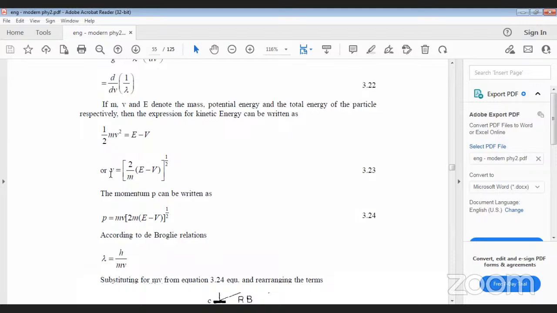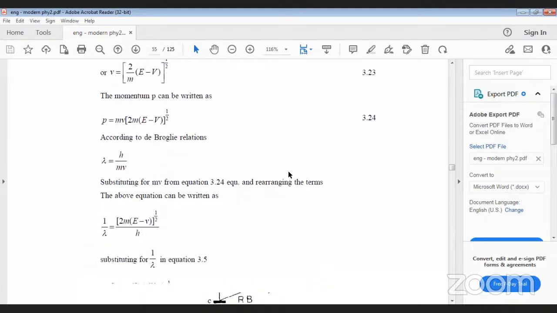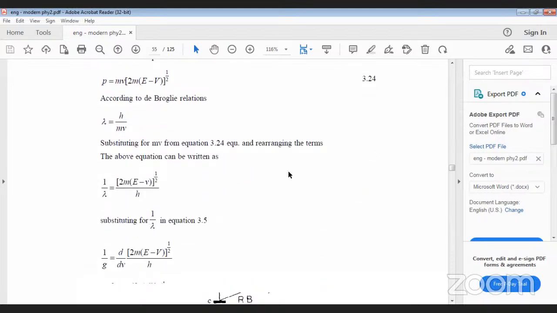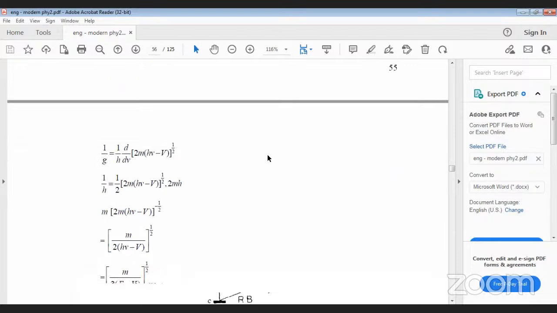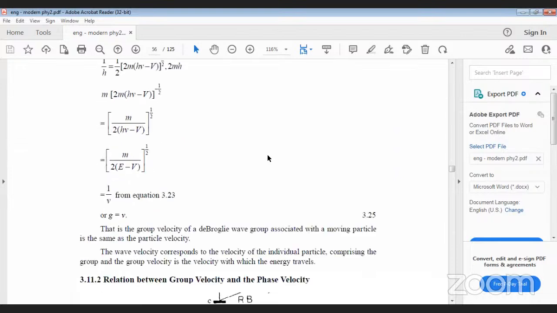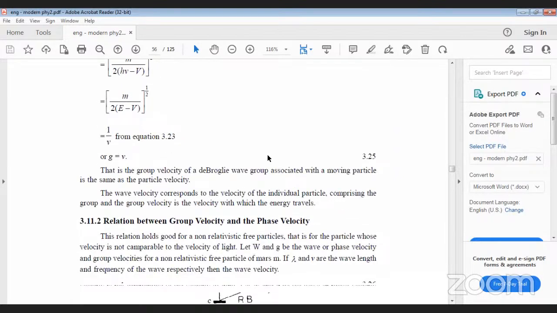So V equals square root of 2 by m into E minus V. By substituting de Broglie's wave relation and comparing with the wave velocity, we will get G equals this. You need to do this.